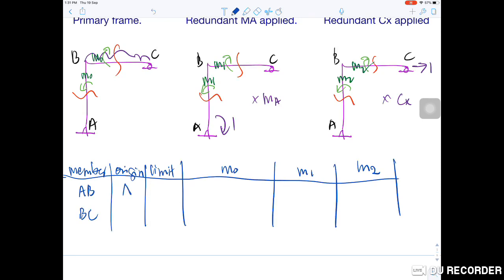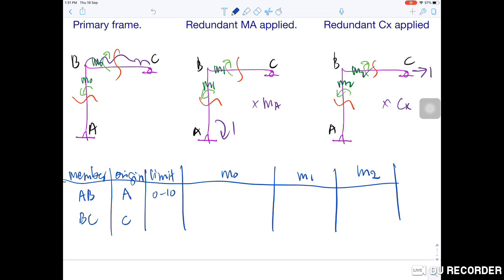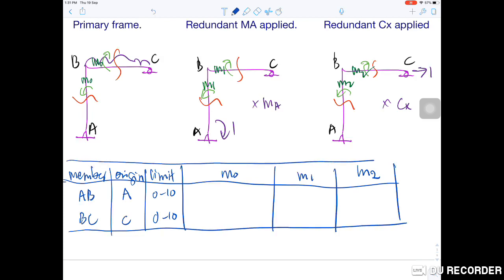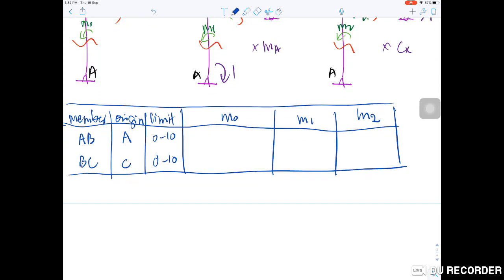Origin at A for AB and at C for BC. Choose the easiest section. Limit is from 0 to 10, 0 to 10. So we just need to fill in this table with moment equations, and after that substitute into the formula. There are 6 displacements that we need to determine. After we determine the 6 displacements, we substitute into the compatibility equation, then we get the redundant values.